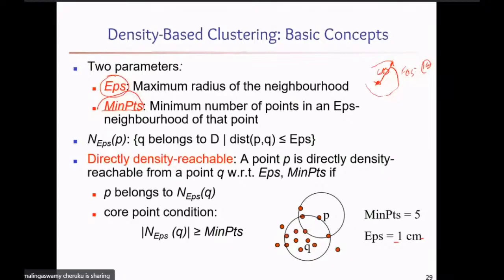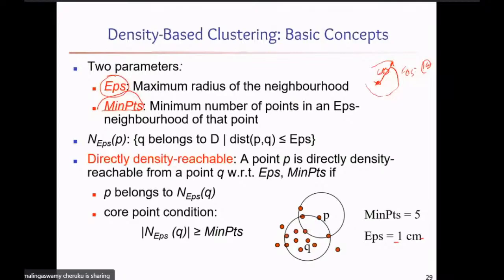So the distance of P comma Q is less than or equal to epsilon. It should satisfy this first condition. And also, the point Q should be a core point.